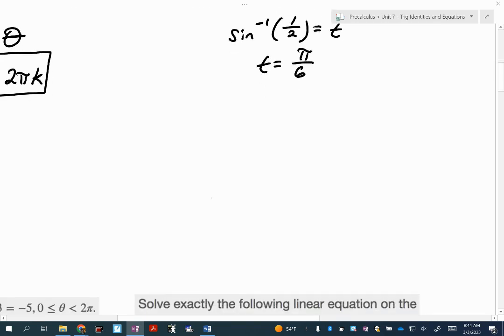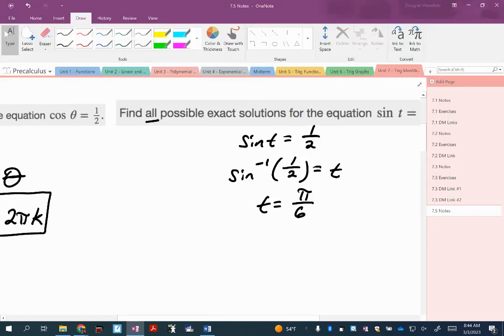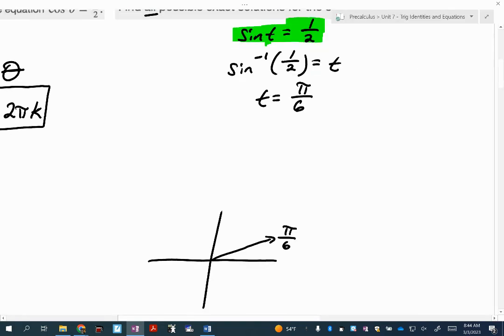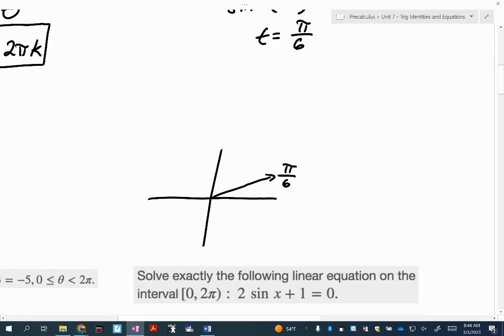But again, because we're talking about all solutions, we have positive pi over 6. Just like before, we're looking for where sine is positive 1/2. If I'm thinking all students take classes, sine is also positive in the second quadrant.